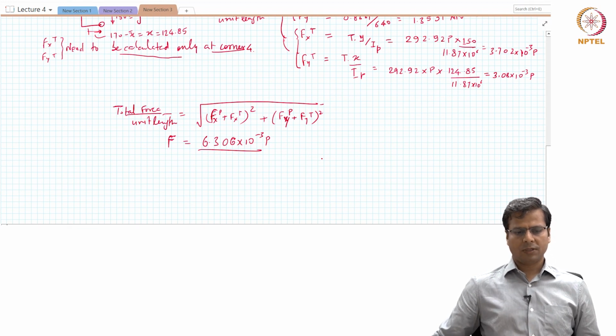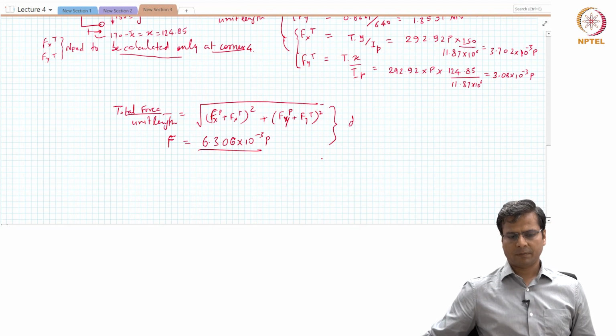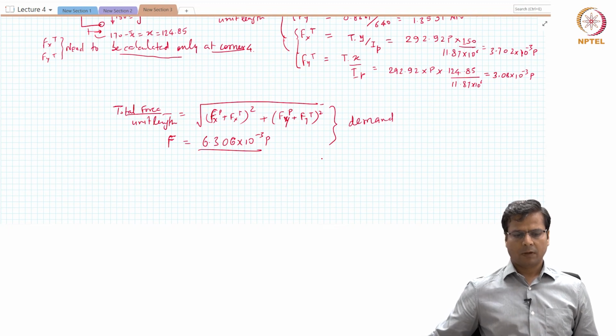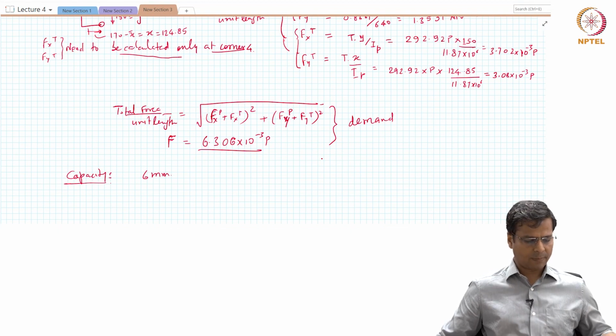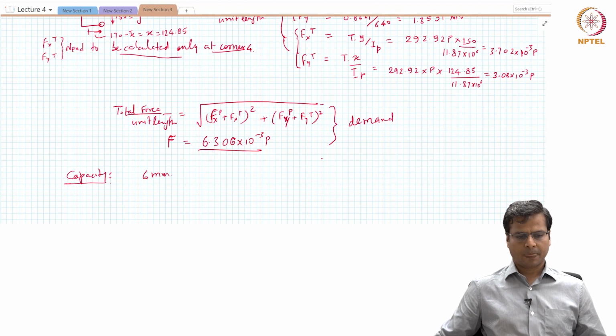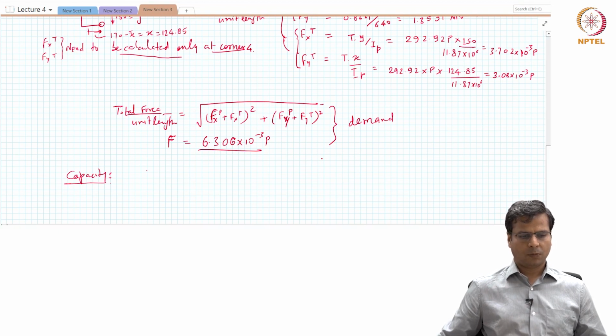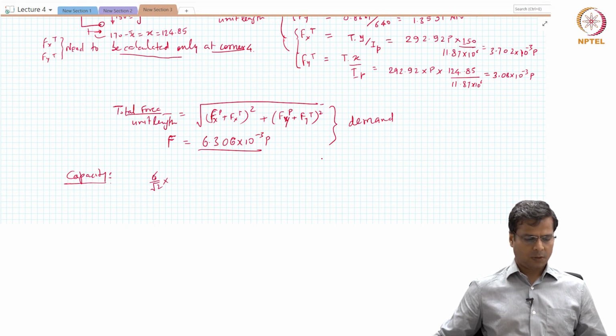And now what we need to do is, this is the demand for a given P. We need to calculate the capacity of the weld. So it is given that it is a 6 millimeter fillet weld, right? So the capacity for this weld would be, if the weld size is 6 millimeter, its throat thickness would be 6 divided by root 2.